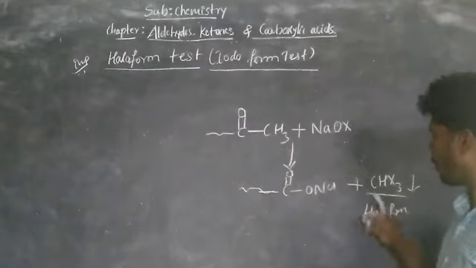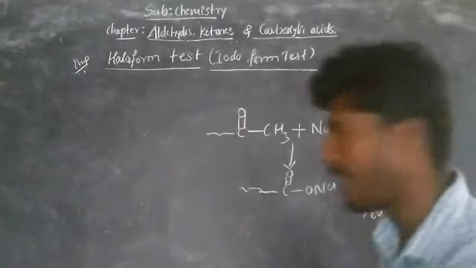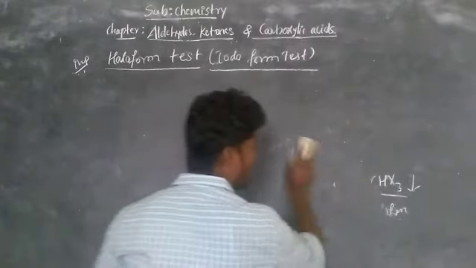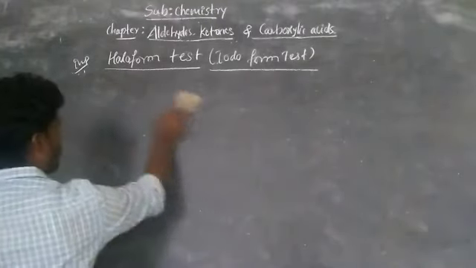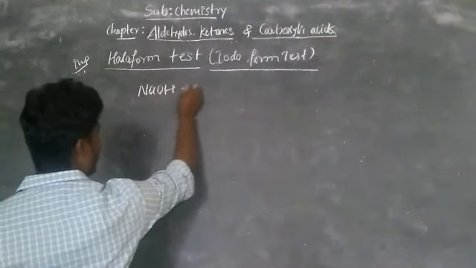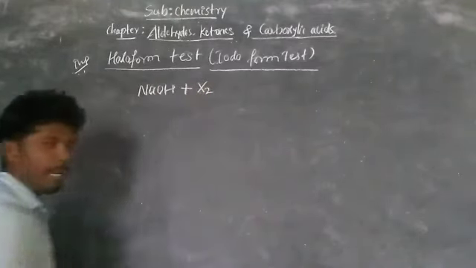Now, to prepare the sodium hypohalide, we treat sodium hydroxide, NaOH, with the halogen. See the chemical reaction.